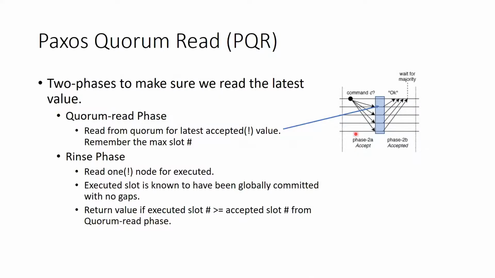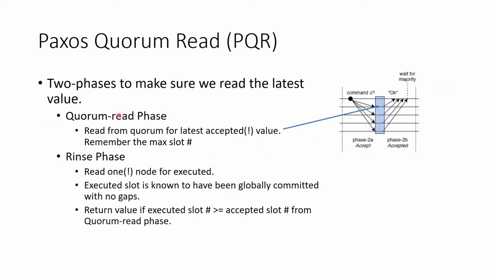The latest accepted means that the replica has received this phase 2A message. It may have replied already back to the leader, but it hasn't gone to phase 3. It hasn't applied it to its state machine yet. So we read the latest accepted value from the quorum of nodes.